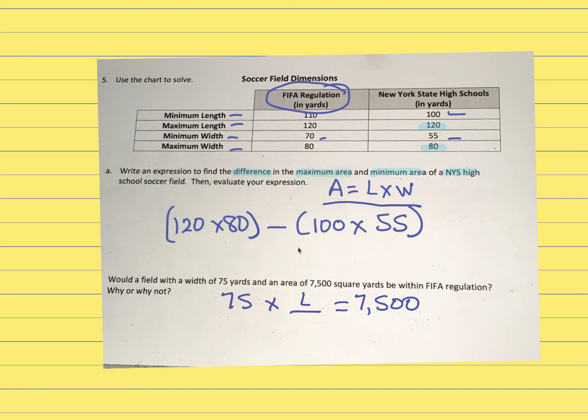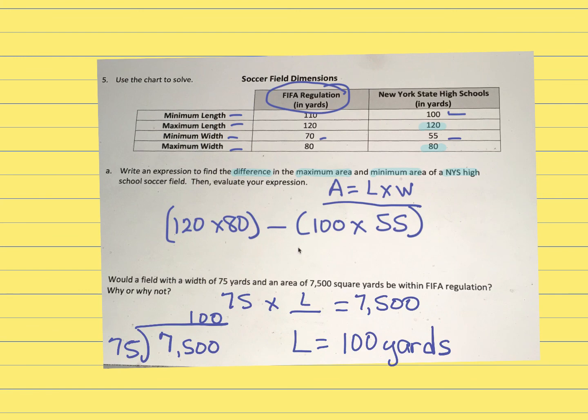So the width is within the parameters of the regulation. Now we just have to figure out the length and see if it fits the regulation. So the length of this field would be 100 yards.